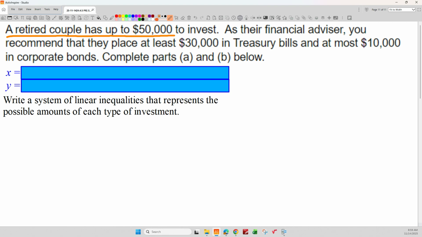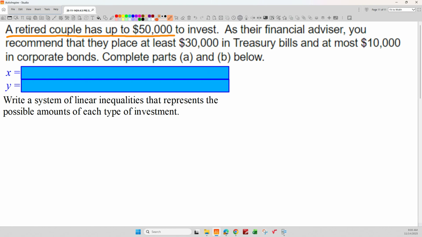So if we read through this, a retired couple has up to $50,000 to invest. You're the advisor, so you recommend they place at least $30,000 in treasury bills and at most $10,000 in corporate bonds. So we're supposed to write a system of linear inequalities that represents the possible amounts of each type of investment.